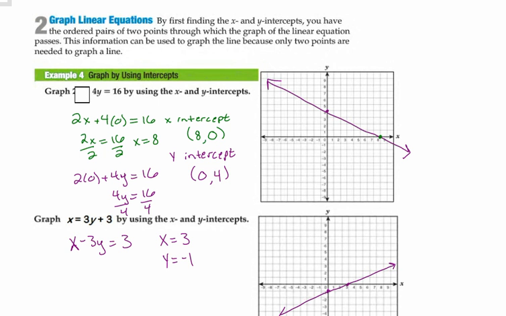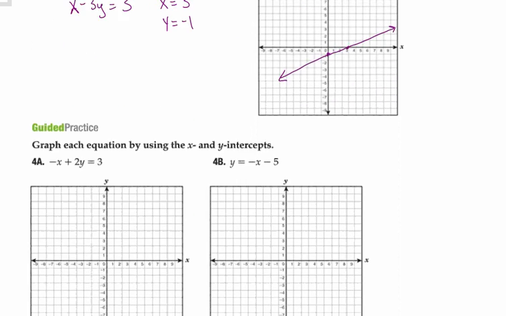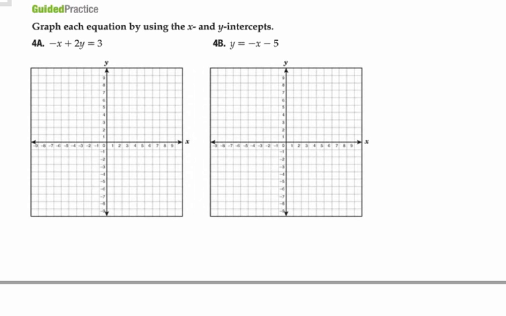I have 4y equals 16. 16 divided by 4 is 4. That's where I got those 2 points. If you're not comfortable with that, definitely go through these steps if you want to. Otherwise, that's what we just call the cover and solve in order to get those quick 2 points. Okay, go ahead and try that for guided practice 4.